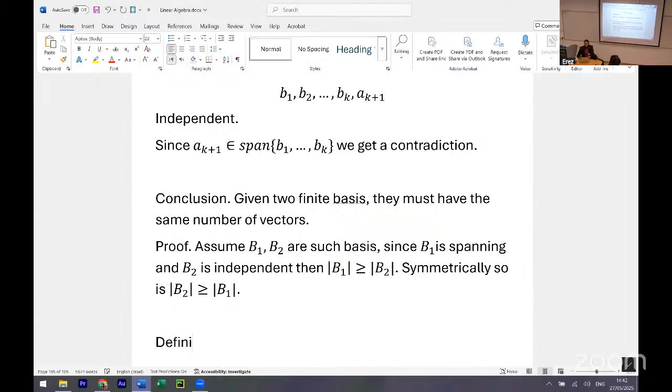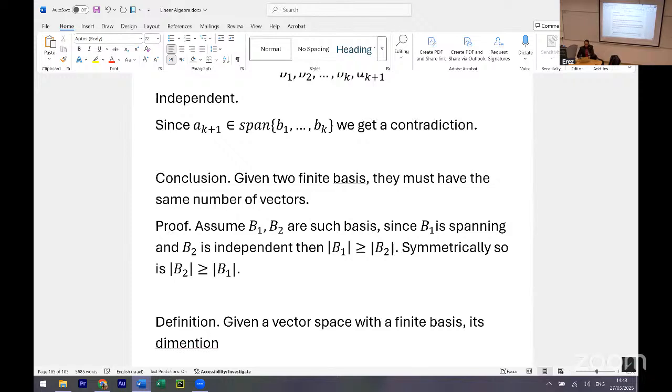Definition. Given a vector space with a finite basis, its dimension is defined to be the number of vectors within the basis.